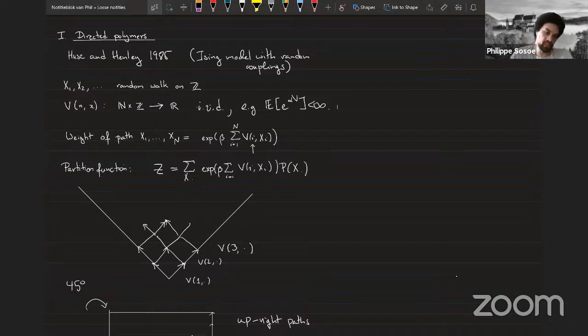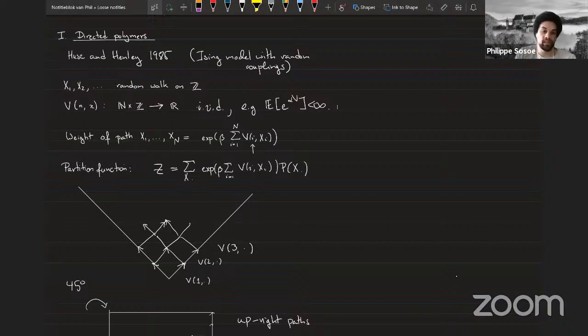There are many interesting questions when you have low moments, but here we'll focus on the high moment case. And as I said, the polymer model is a Gibbs model. There's a Gibbs weight attached to each path. The weight that we attach to a path x1 up to xn, a nearest neighbor path of a random walk on Z, is the exponential of beta times the sum from i equal 1 to n, along the length of the path, of V evaluated at (i, xi).